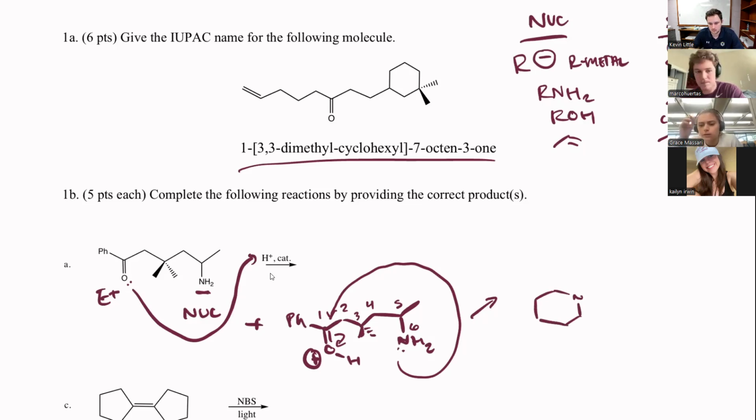Okay, so 6 is the nitrogen connecting to 1. 6 is bound to 5 already. 5 is bound to 4, 4 is bound to 3, 3 is bound to 2, and 6 made a bond with 1.